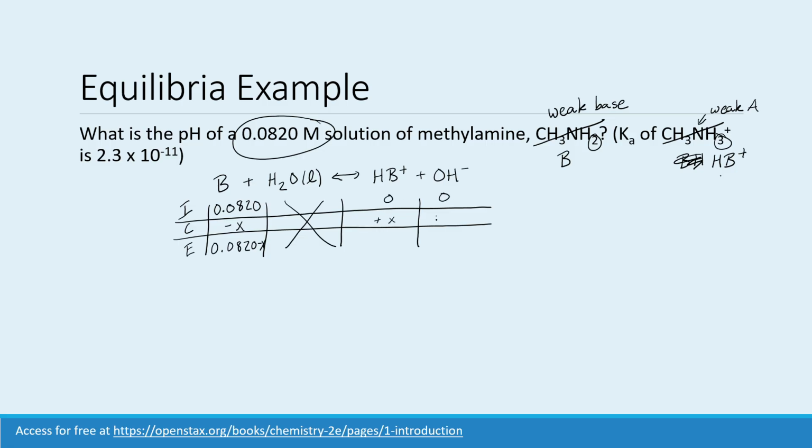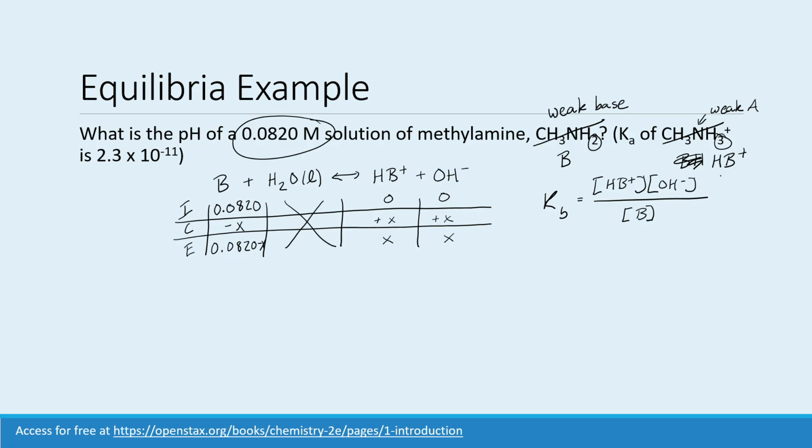Okay, and 0 and 0 plus x, and so we get x and x. And again, that Kb expression, just to remind ourselves, is the concentration of the products over the concentration of the base, the reactant.